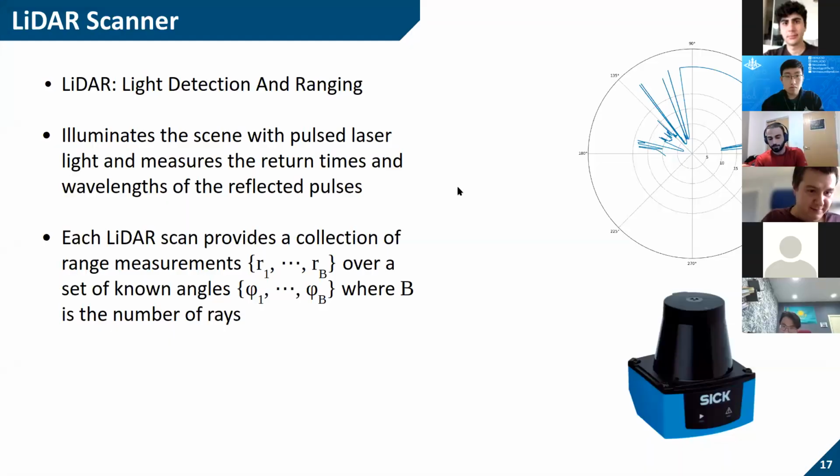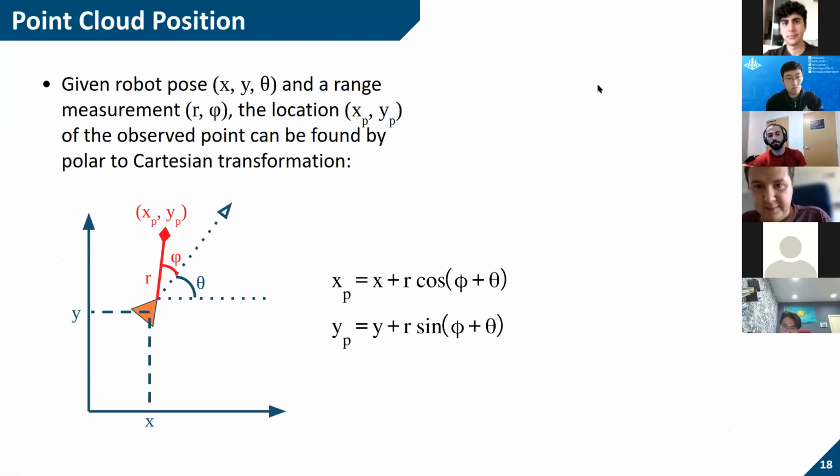Let's see, okay. Just taking off from what Nikolai explained. If you remember, Nikolai said that the rays hit obstacles. One of the problems when it comes to finding the obstacles is to find their geometric position.